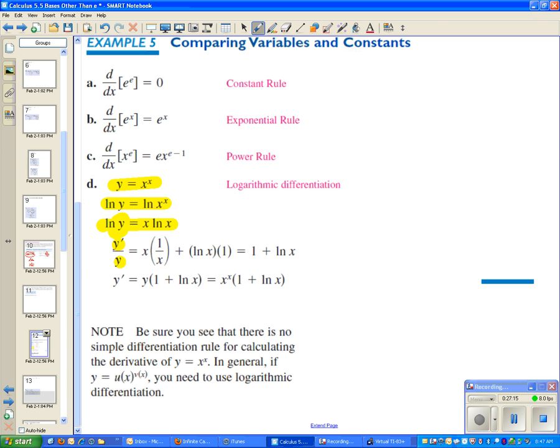Over here, you use the product rule, first function times the derivative of the second, plus the second function times the derivative of the first. Then multiply both sides by y, so that you have y prime by itself, and that's how you do that. So if your base is a variable and your exponent is a variable, you've got to use logarithmic differentiation.